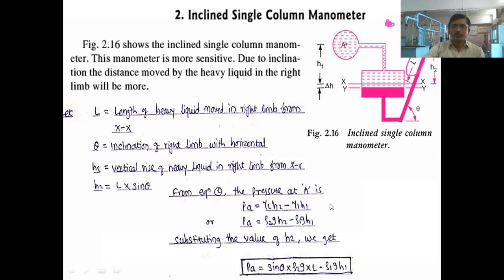Then again, the principles are same. Simple single vertical single column manometer मध्ये जी derivation आपण केलेली आहे, the same derivation is applicable here. Now here, can anyone tell me what will be the pressure head in this particular inclined manometer, whether it is H2 or L?